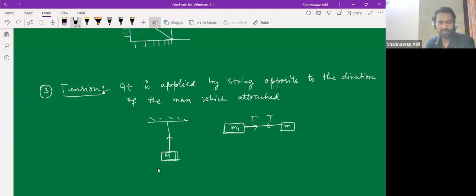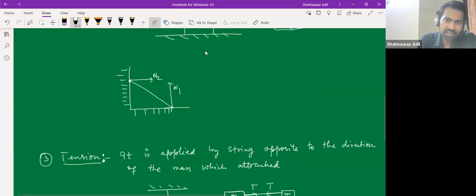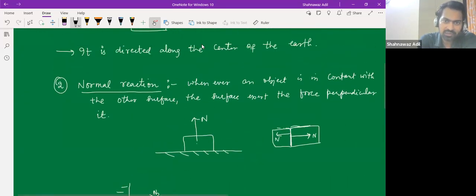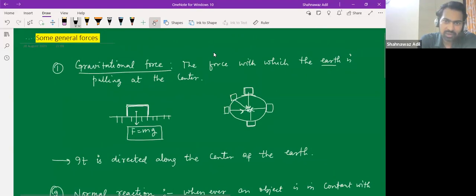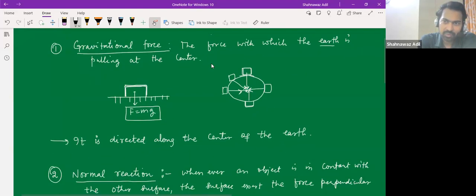Yes, sir. So these are the three common forces in our nature. Okay, please note it down. And we also have friction and buoyancy and other kinds of forces, but we will talk about them later. But these three forces are the most common forces, right?